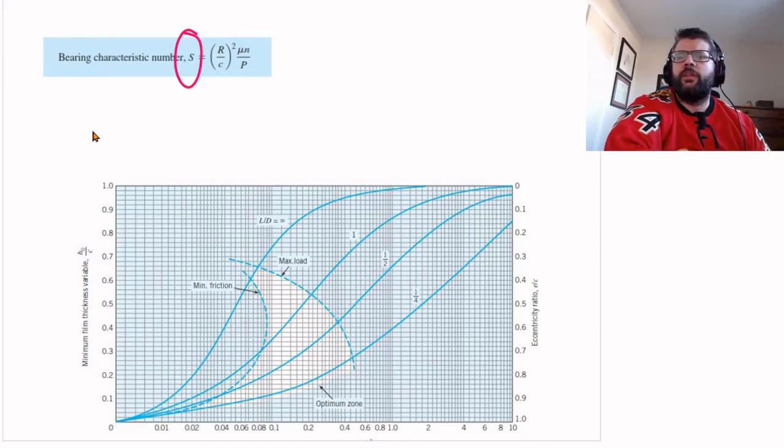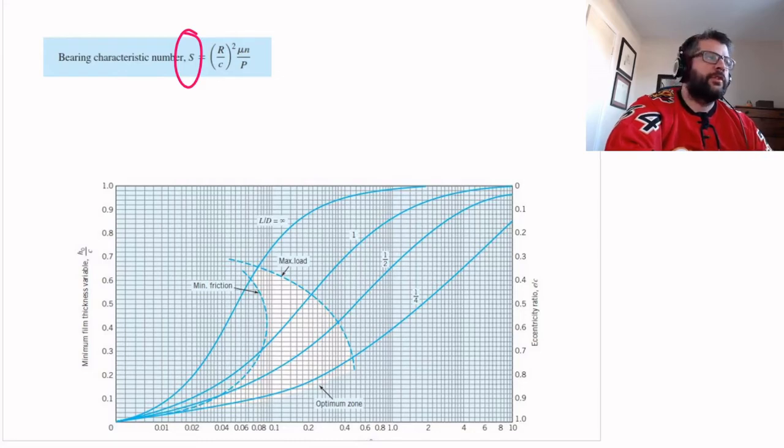I'll double check that later. But that is equal to the radius divided by the radial clearance, squared, times the viscosity times the rotational rate.